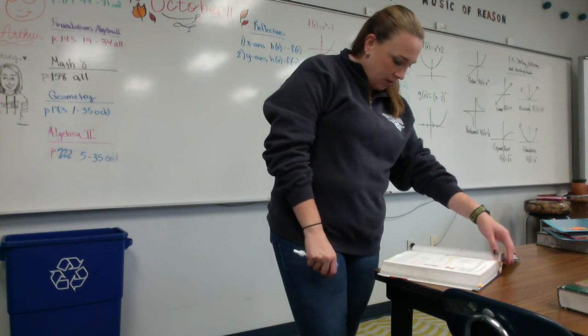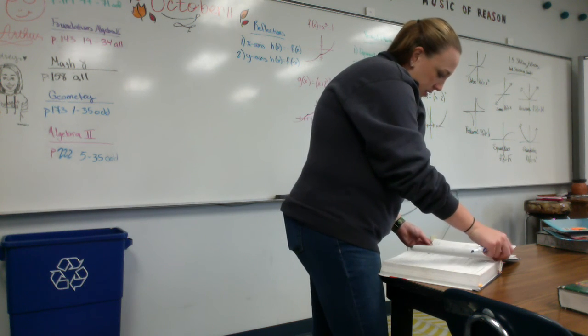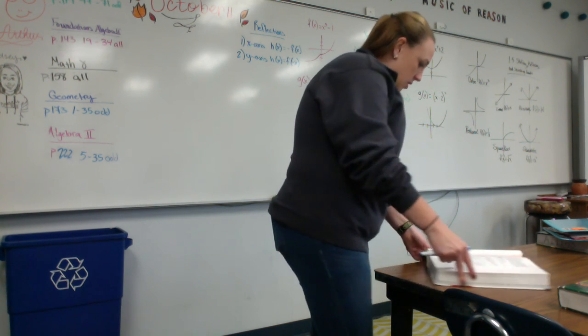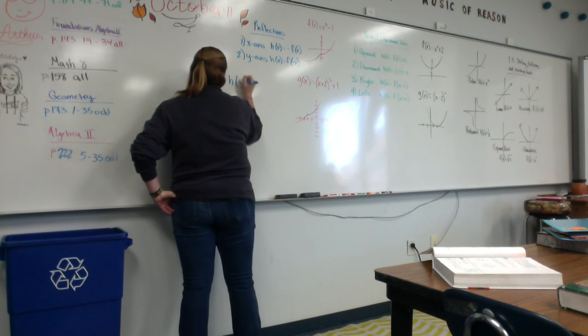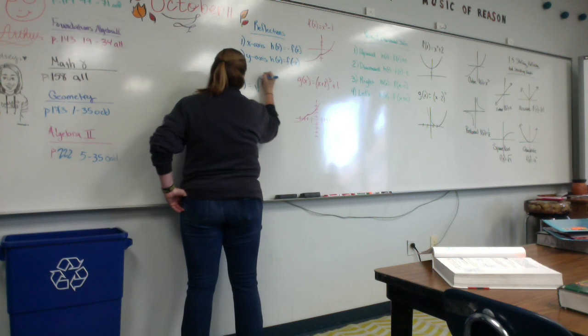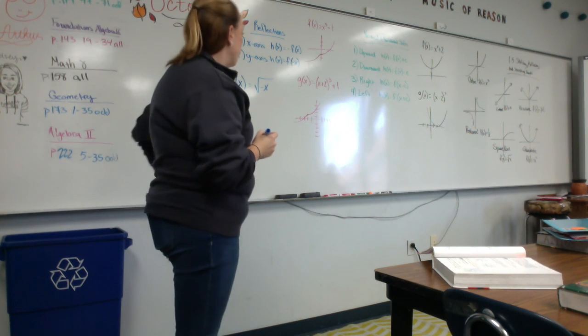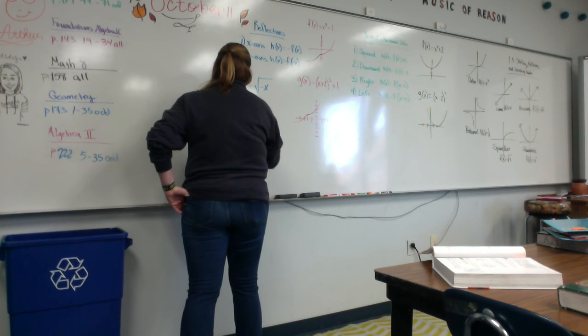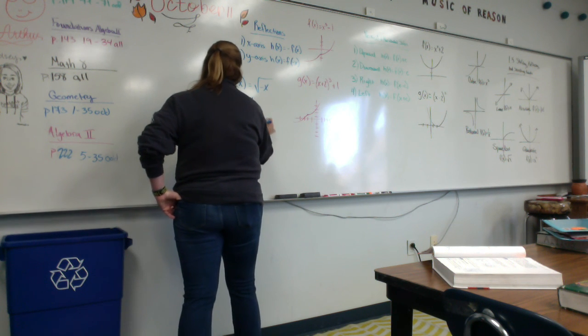So if you have a function, let's say we have one that says h of x equals the radical of negative x. What type of function am I graphing? Square root.